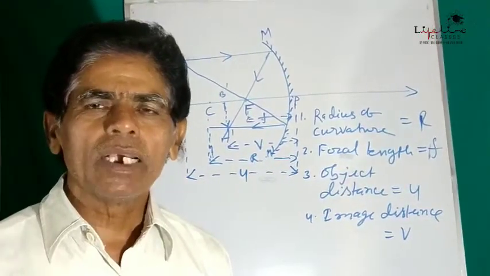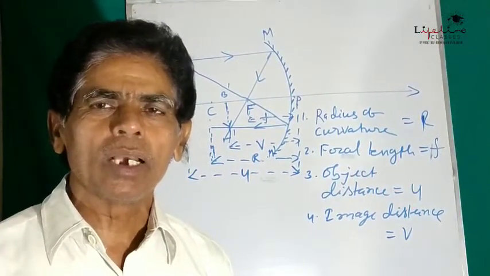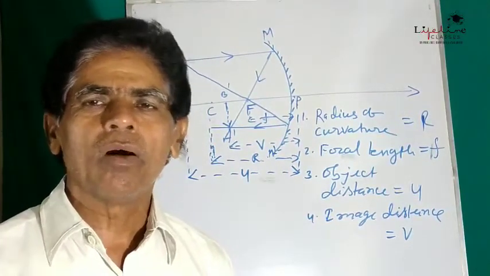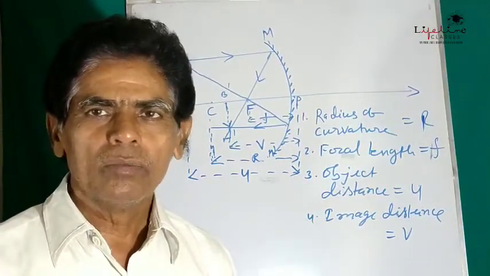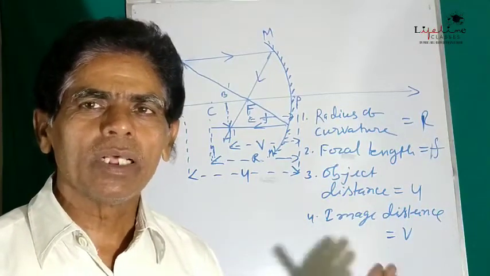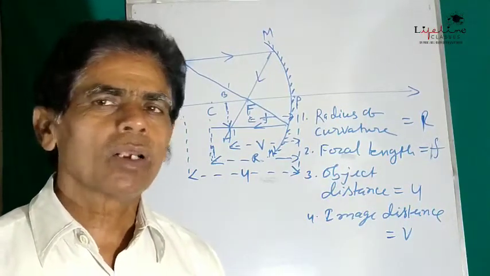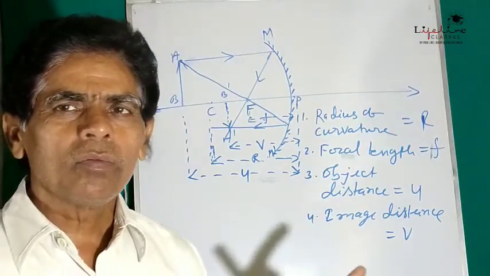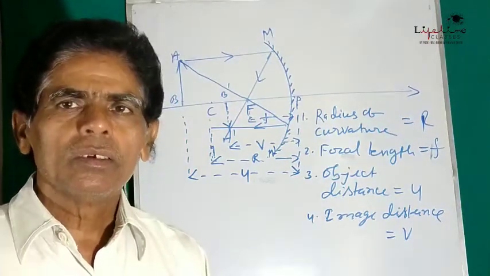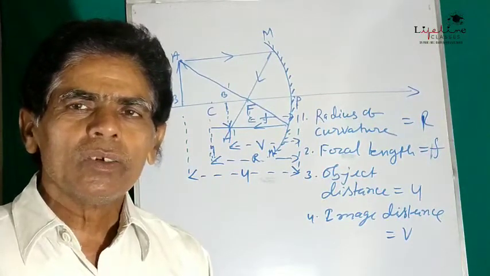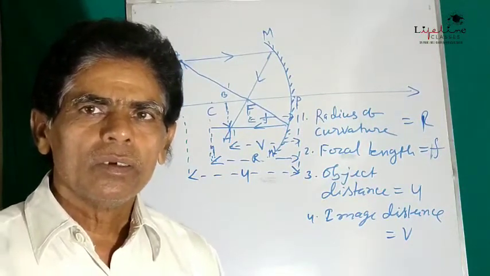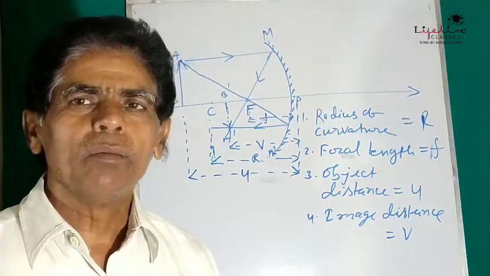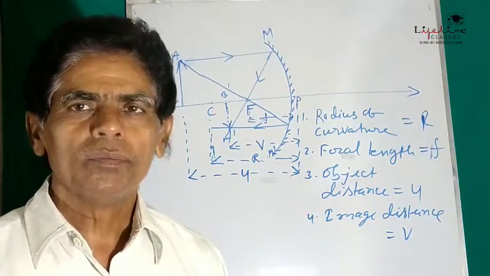So whatever be the radius of the imaginary hollow sphere, that will be the radius of curvature of the mirror, whether it is concave or convex. So radius of curvature is the distance between center of curvature to the midpoint of the reflecting surface, that is pole.